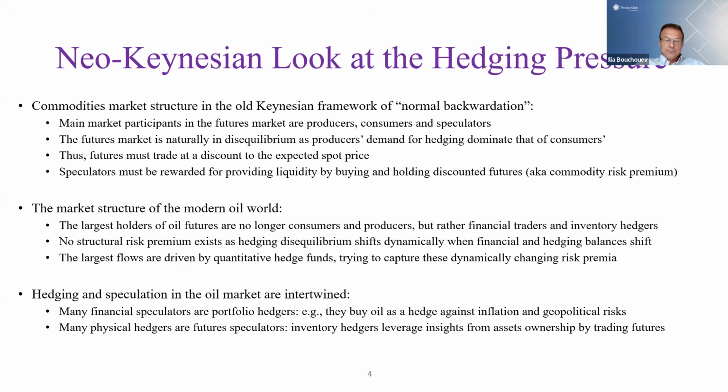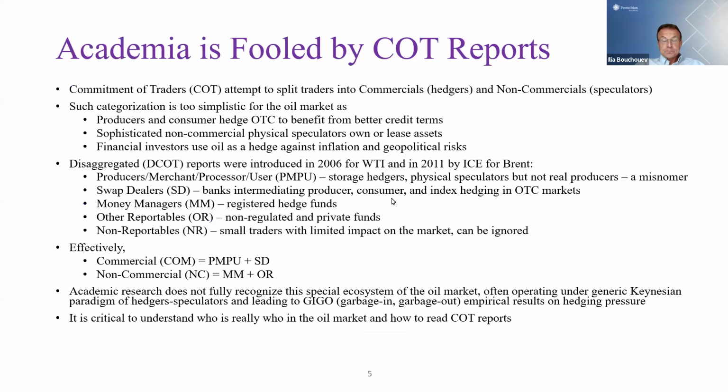And vice versa, many traditional physical hedgers are also huge oil speculators because they tend to own assets like storage or pipelines. In fact, they often buy assets to leverage their proprietary futures trading. So that's why the lines between speculation and hedging, specifically in the oil market, are very blurred.